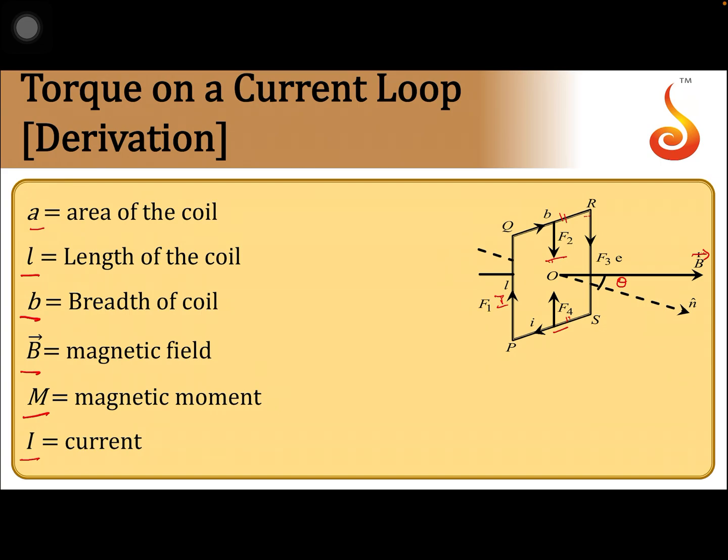Now the length of the coil we have taken to be L. So if I take the calculation, the force on PQ will be equal to BIL. The angle between the length vector and the magnetic field vector is 90 degrees. So this is directed into the plane of the paper.